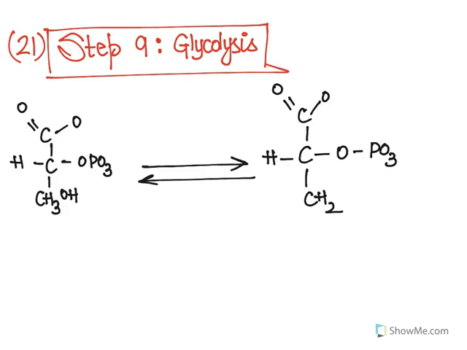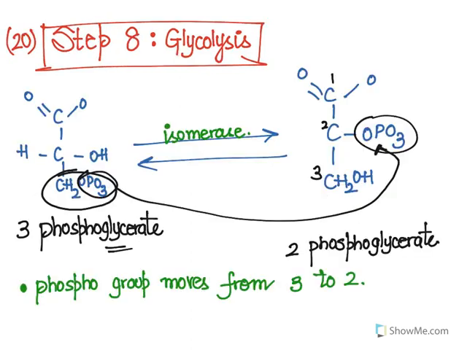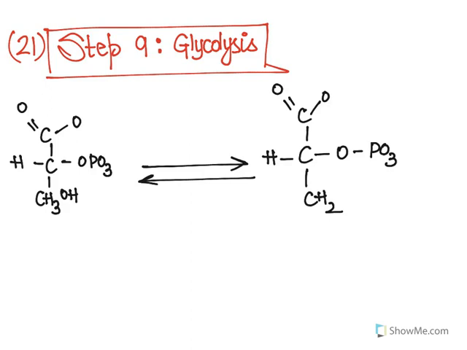All right, we are coming now to step number 9 for glycolysis. As you can see from the previous step, we have 2-phosphoglycerate. So that is what we are beginning with. 2-phosphoglycerate, that's the name for this one, because the carbon is second where we have the phosphate group.